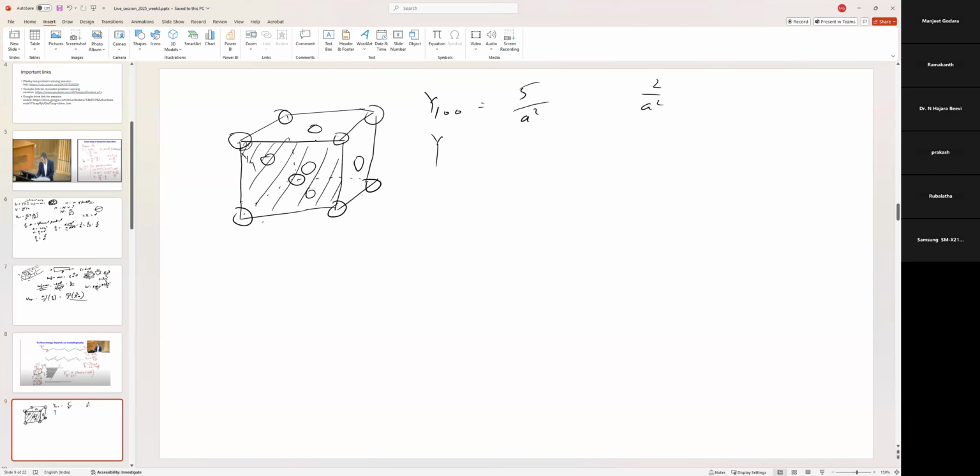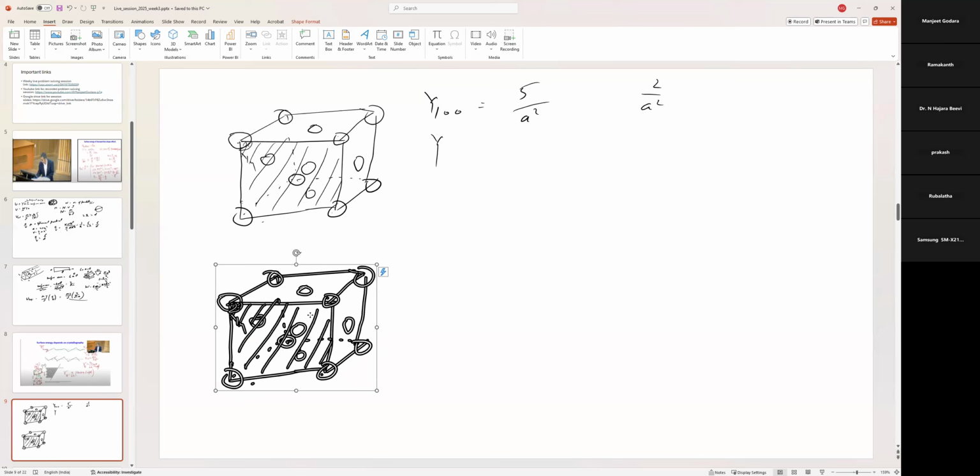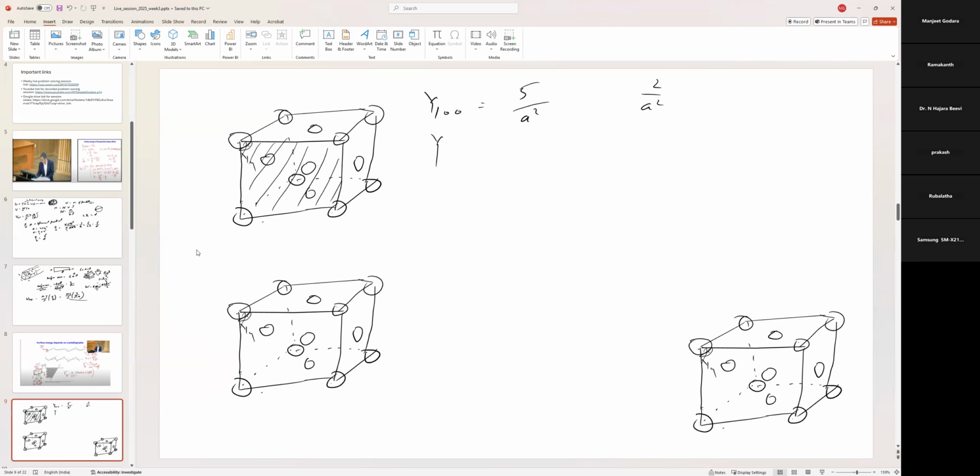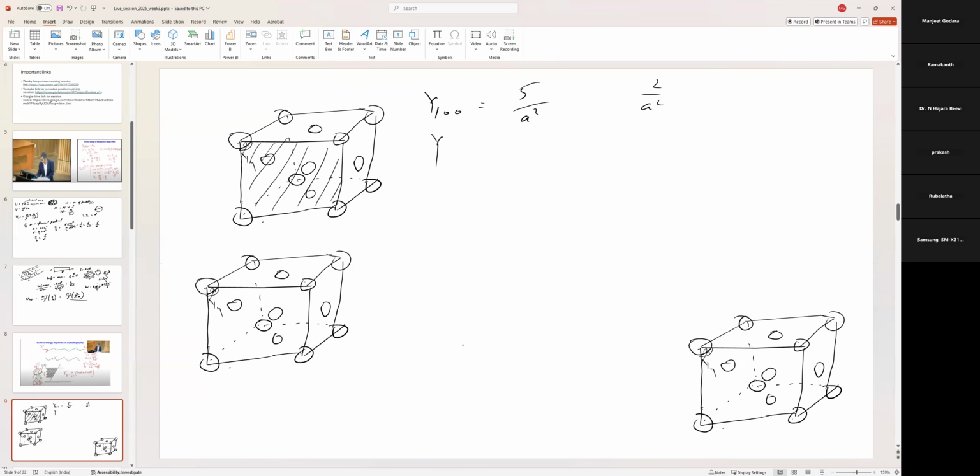And if you cut across, okay, for the 111 plane, this is one plane which passes through all these different atoms and goes down.